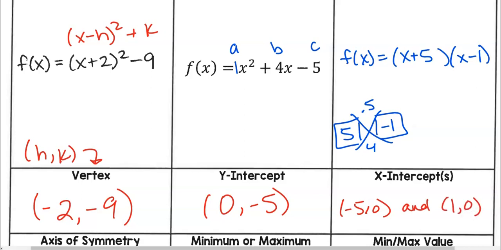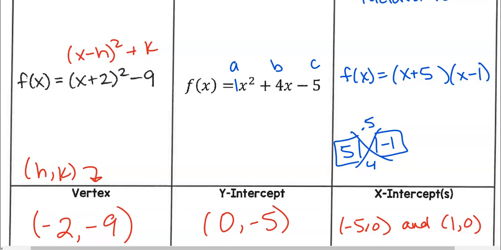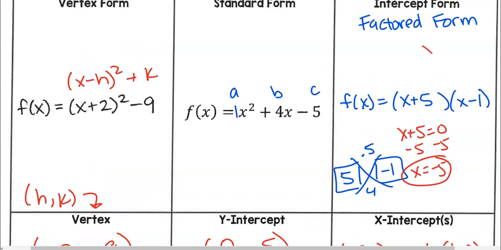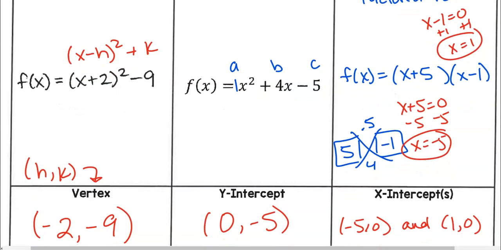So to remind us why that happens, because we take each factor and we make it equal to 0. Because an x-intercept is when x is by itself. So that's why we have -5. And then over here, if I made x minus 1 equals 0 and added the 1 over, we get positive 1. So x-intercepts become negative 5 and positive 1.